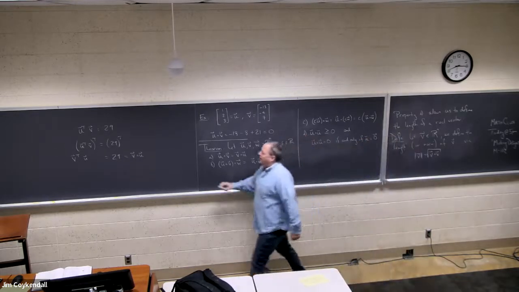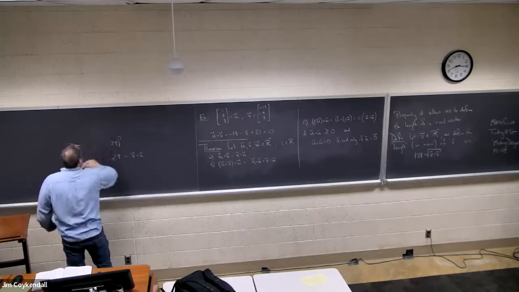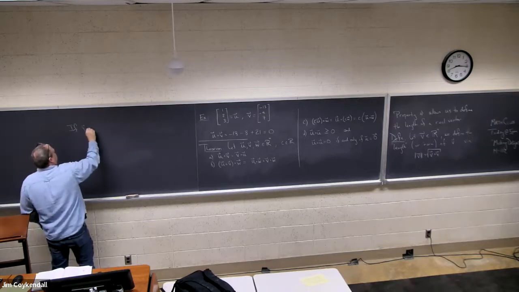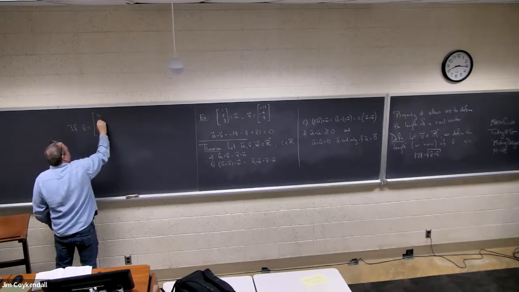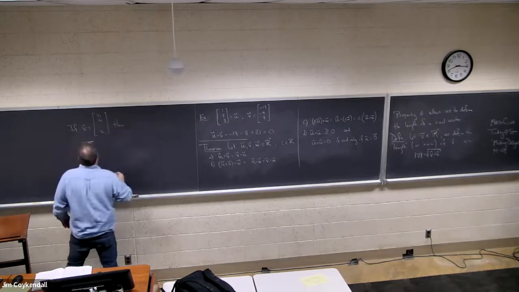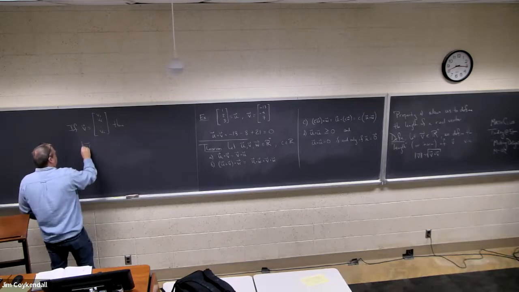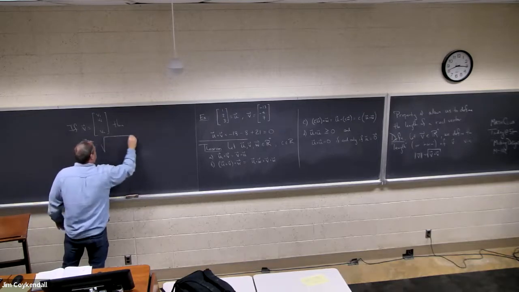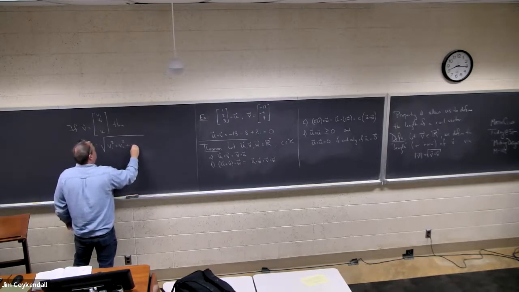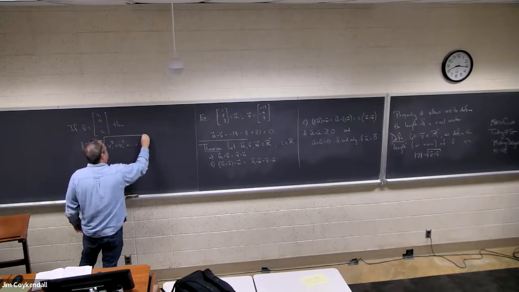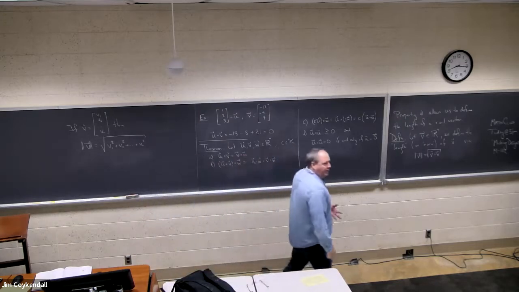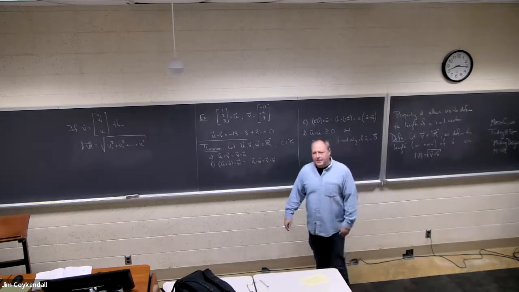So the length of V is just the square root of the sum of the squares of all its components.